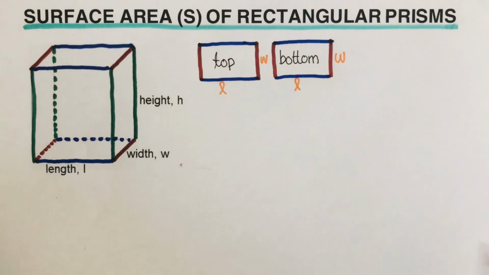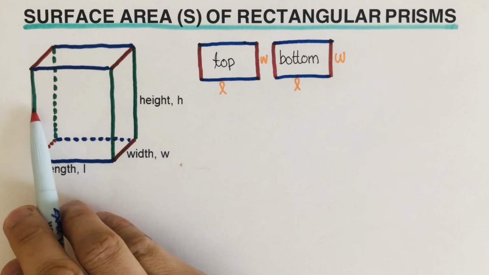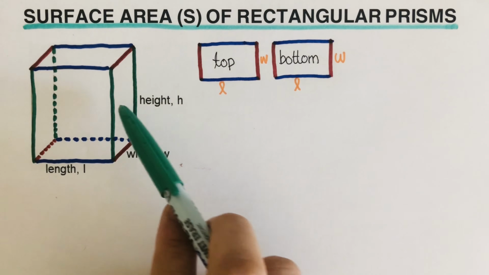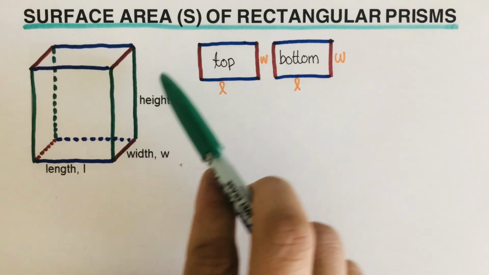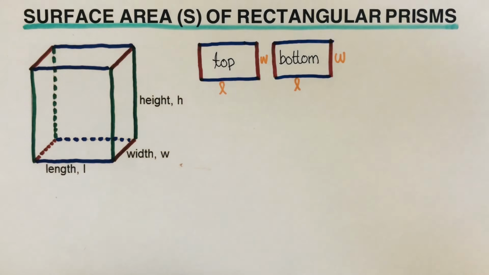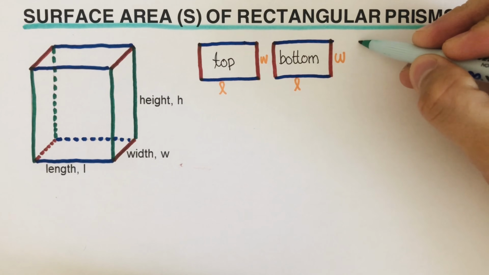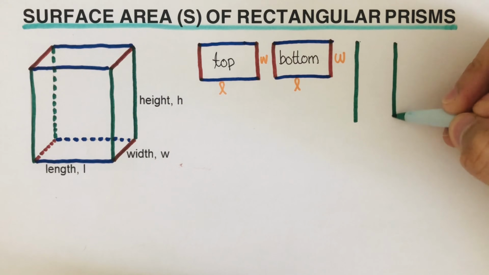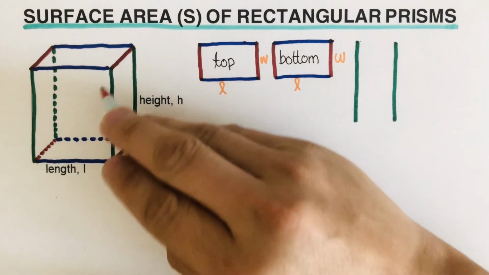Now let's look at the left and the right. I'm going to draw that over here, taking this shape off of the picture and pasting it over here. I'm going to use green for the height, so that's the height right there in green. And then the width is red.